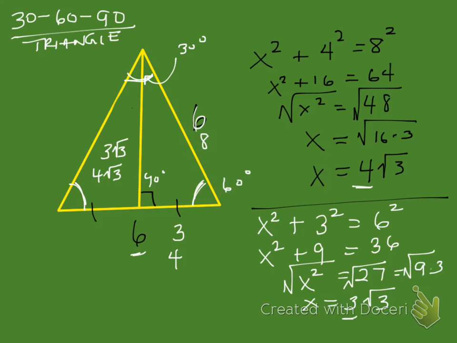That's where you get your 30, 60, 90. So when you set up the shortcut, if you will, what you're going to have is for the 30, 60, 90, A is your across from your 30 degrees, A square roots of 3. Let me write this out a little bit better so it's more clear.